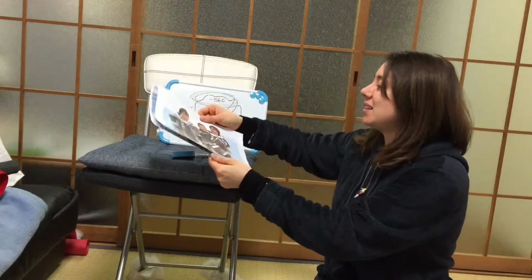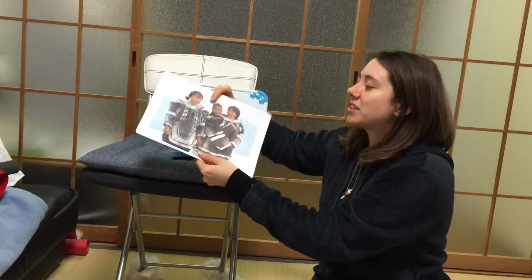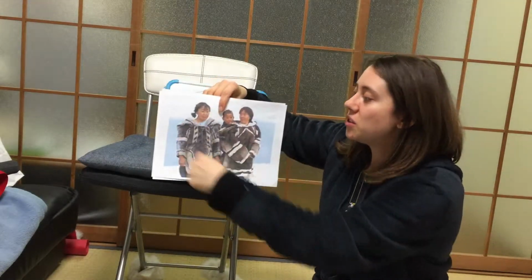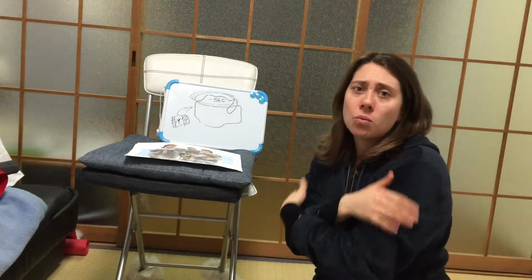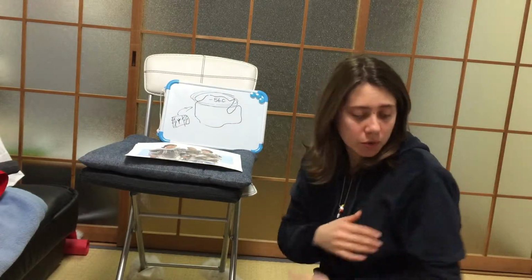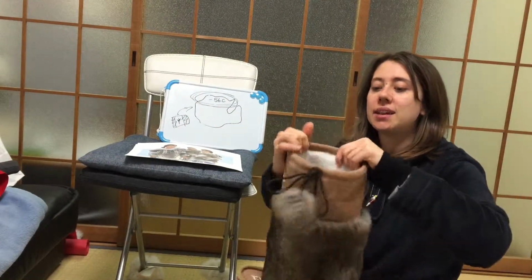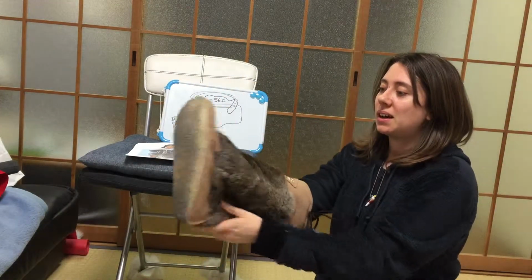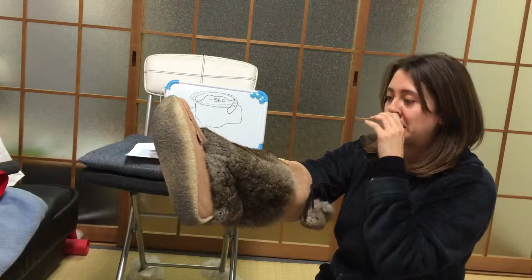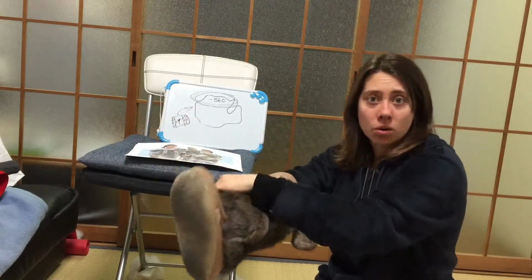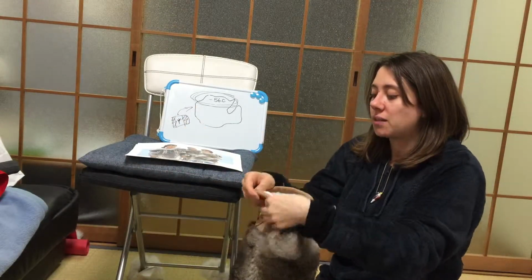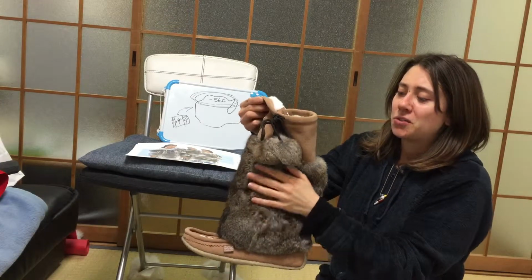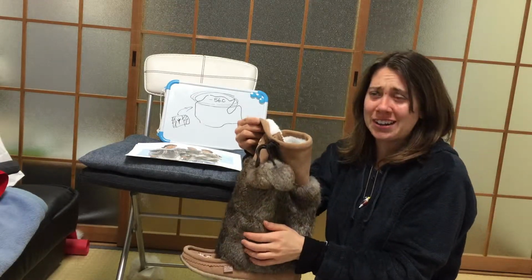And then I tell the students that the Inuit make very warm clothing, very warm, good clothing, and they make mukluks, warm mukluks. So I showed the students that these are very, very warm and very soft and comfortable, and that this is real rabbit fur.